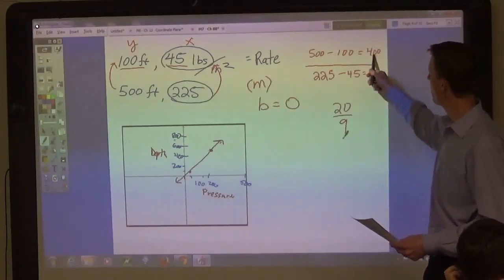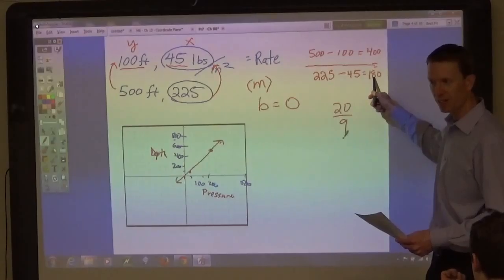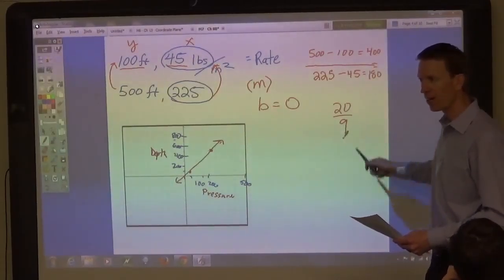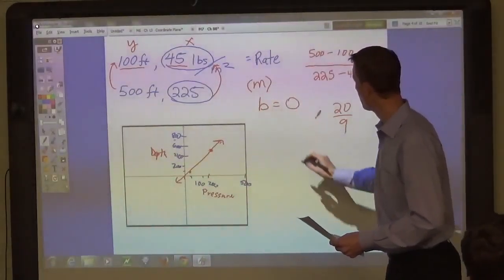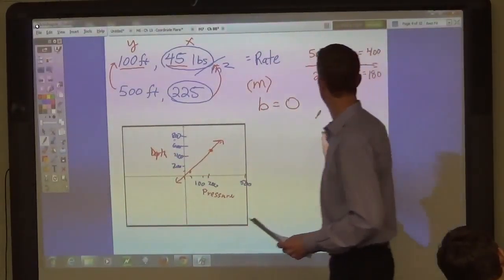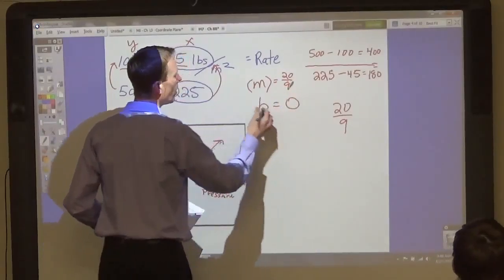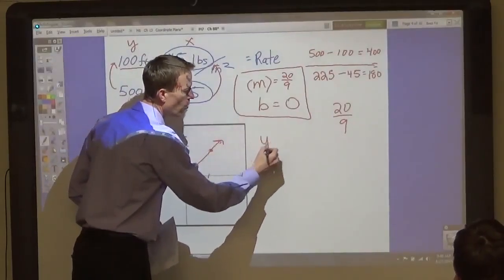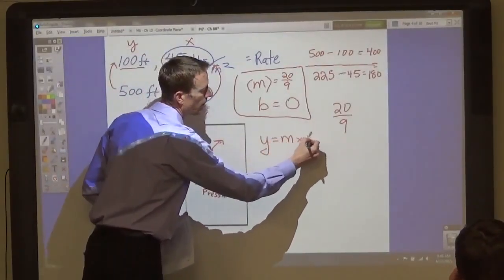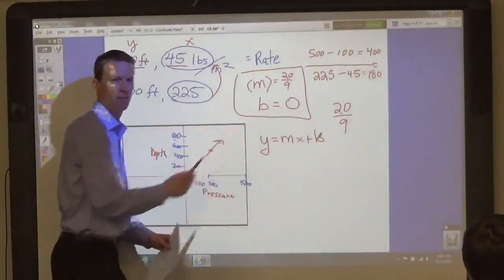So divide this by 20 and divide this by 20, and it's 20 over 9. Yep. Now, if this is m in our equation, how are we going to use this to write our equation in y equals mx plus b form? Where are we going to put these numbers?